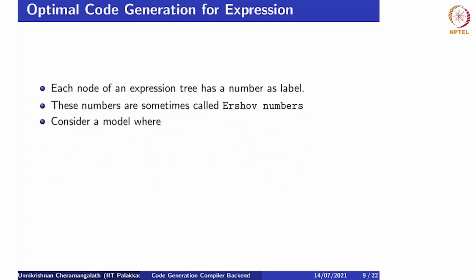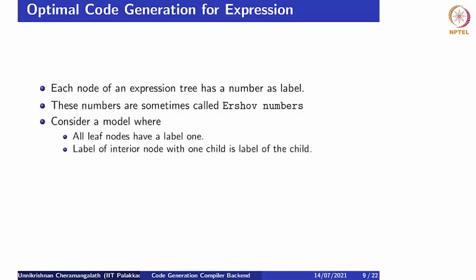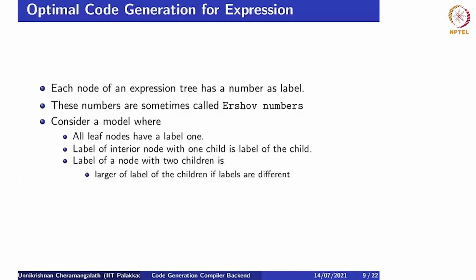Consider a model where, in each expression tree, all leaf nodes have label 1, the label of an interior node with one child is the label of the child, and the label of a node with 2 children is the larger of the labels of the children if the labels are different, and 1 plus the label of the children if both children have the same label.